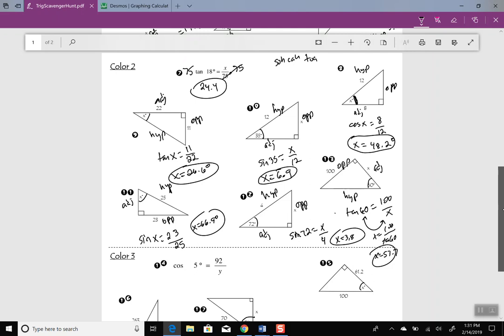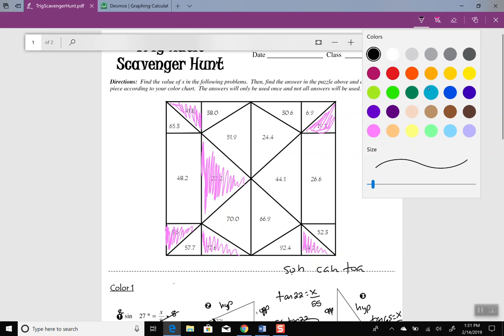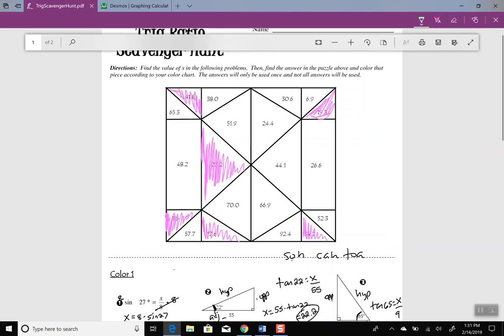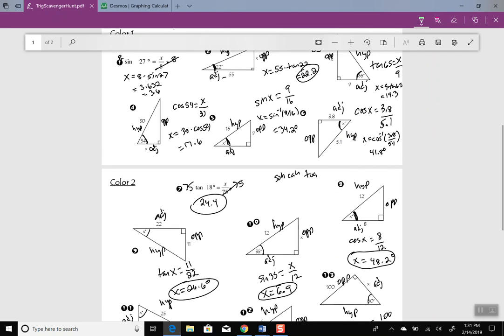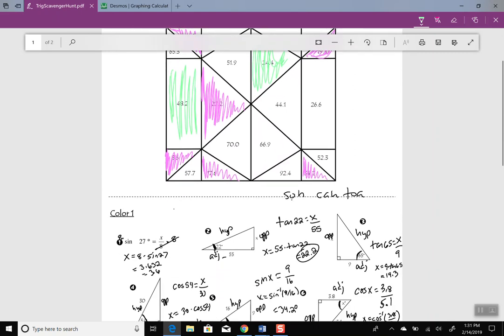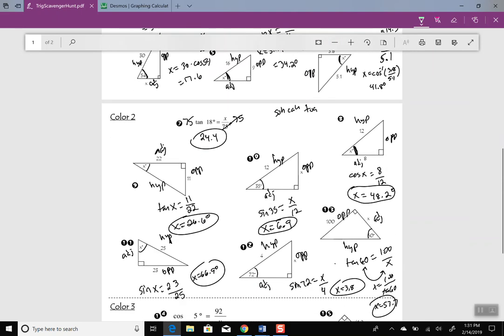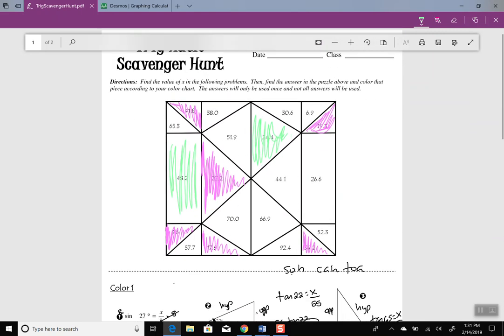So let's go back on our coloring spree. I'll do green. So we had 24.4 and 48.2. Then 26.6 and 6.9.